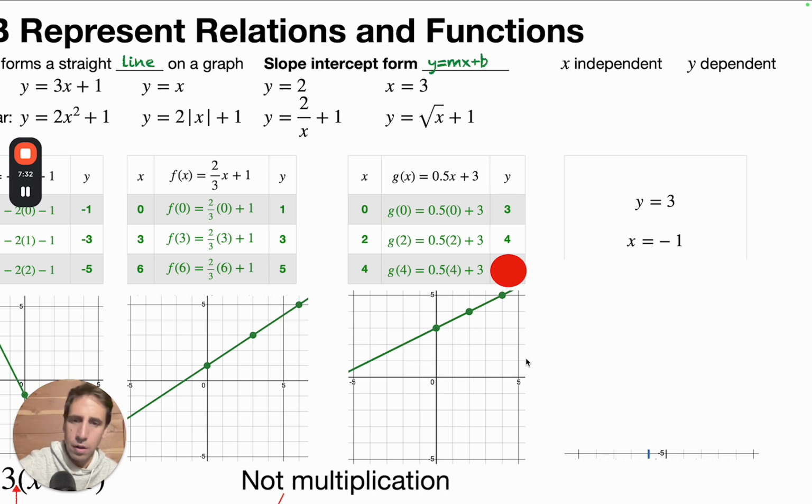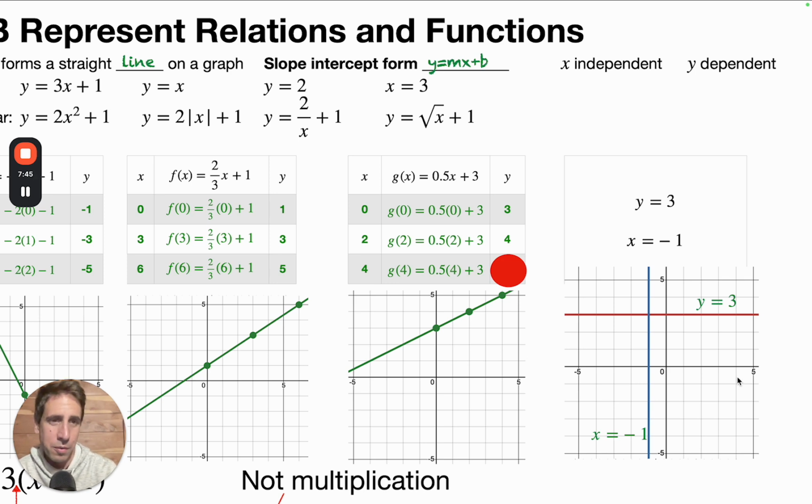Let's do just a little bit more. If you ever see y equals 3 and x equals -1, I think it's easiest to have it memorized. I could explain to you why it is the way it is later if you want, but I'm just going to say that I think it's easiest just to have it memorized. Confusingly, the y-axis is vertical, so you might think that y equals 3 is also a vertical line, but it's not. What you really have to do is go up 3 units.